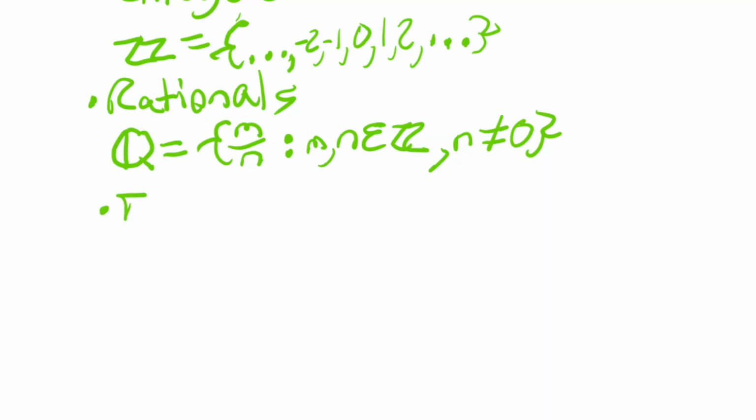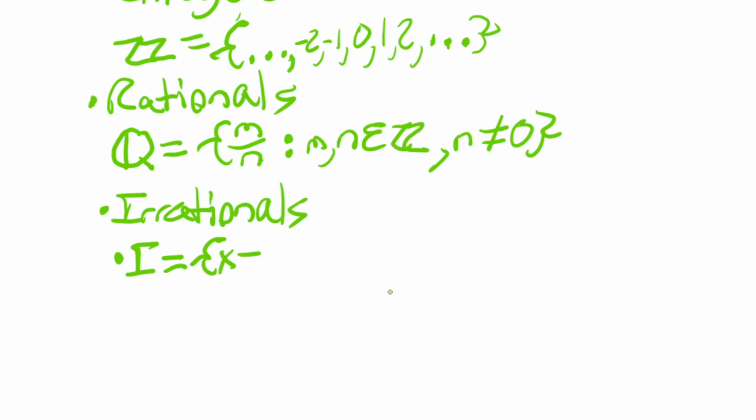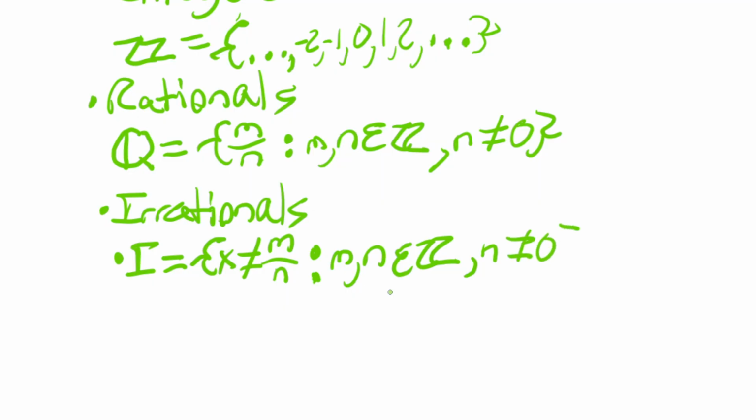And then we have irrationals. This is represented by I, and this is where x is not equal to m over n, where m and n are integers, and n cannot equal 0.